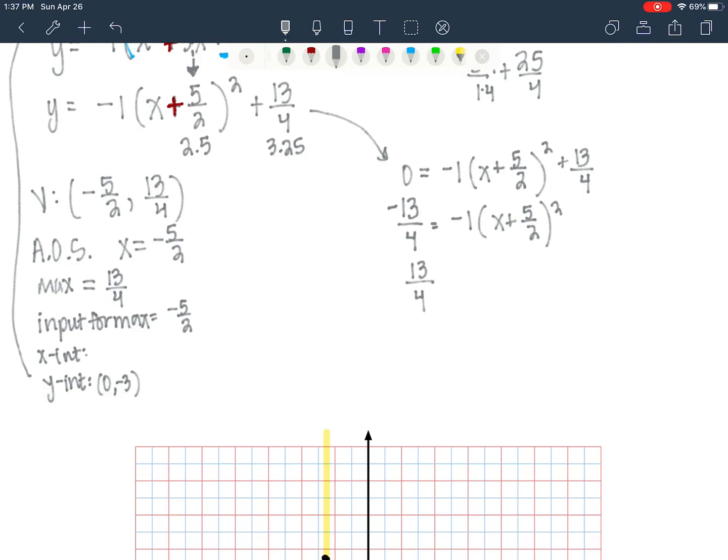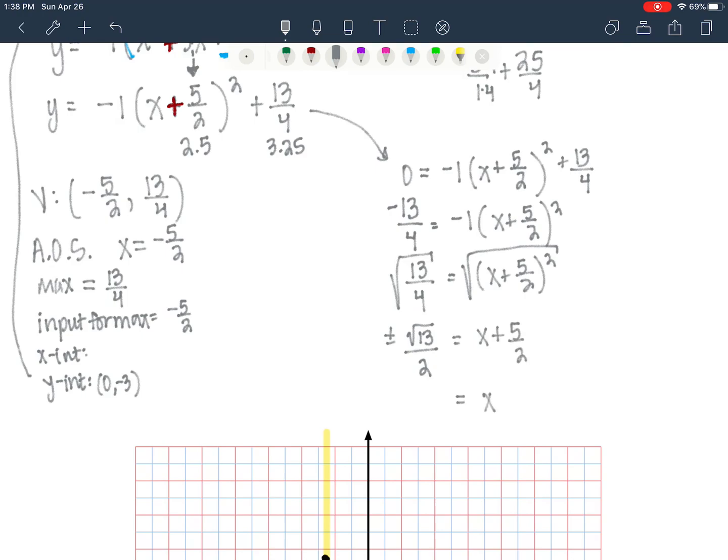So I have 13/4 equals x plus 5/2 quantity squared. We'll square root both sides, and I get plus or minus the square root of 13 over 2, because the square root of 4 is 2, is equal to x plus 5 over 2.